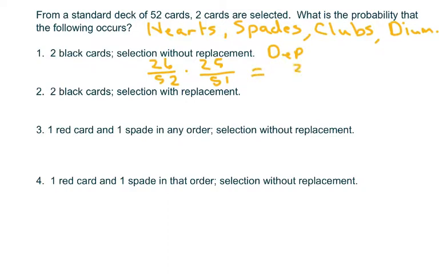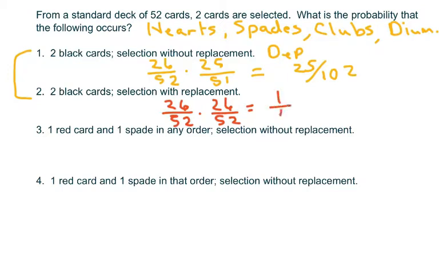So the answer here is 25 over 102. And if we do the same thing, but with replacement, the denominators stay the same. So do the numerators. So you just multiply this. And when you multiply that across, you get 1/4, which is 1/2 times 1/2, basically.